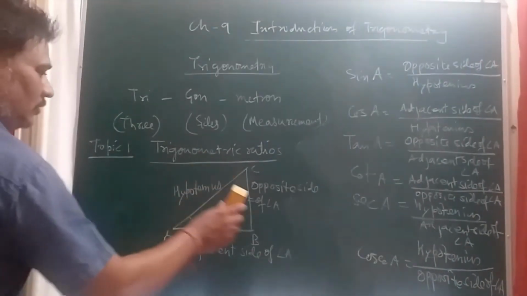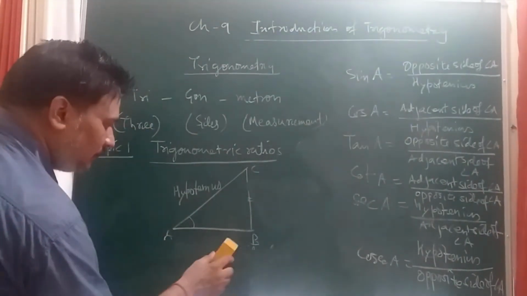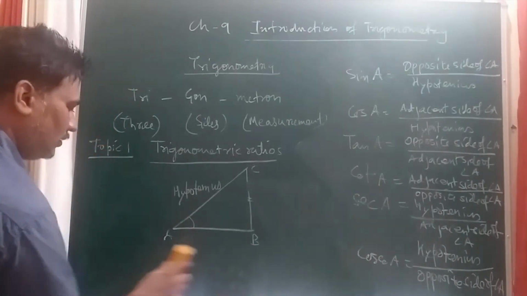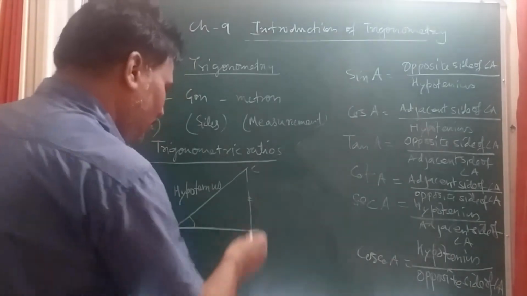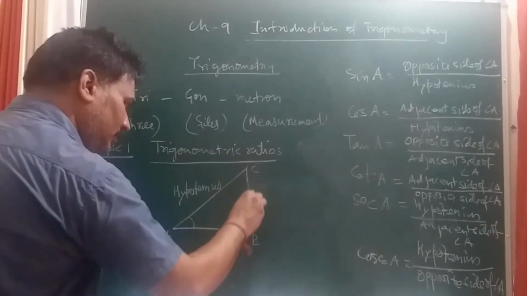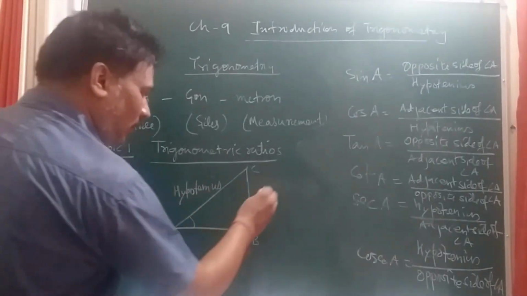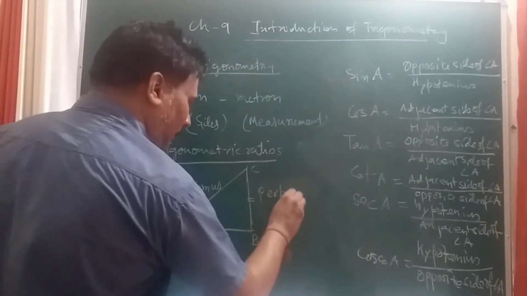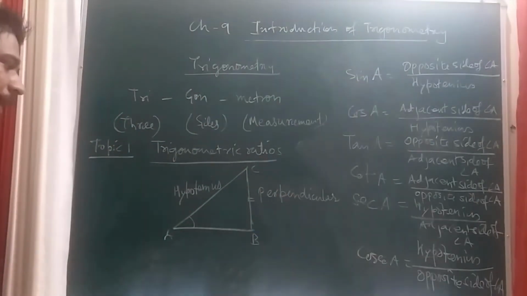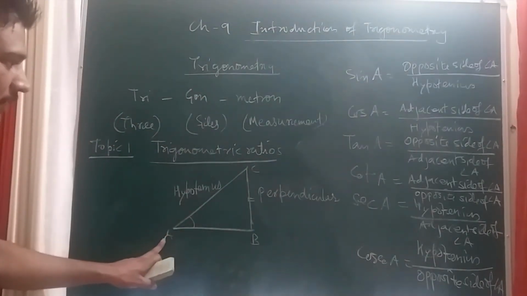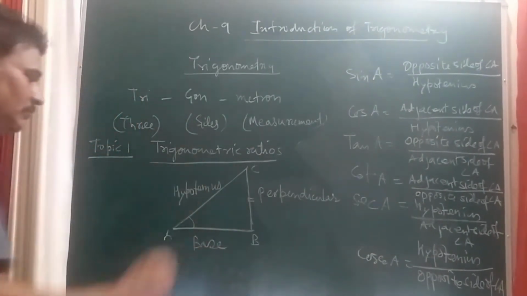Now we can learn these formulas with the help of some basic terms, like the opposite side of angle A is also called perpendicular, and the adjacent side of angle A is called base.